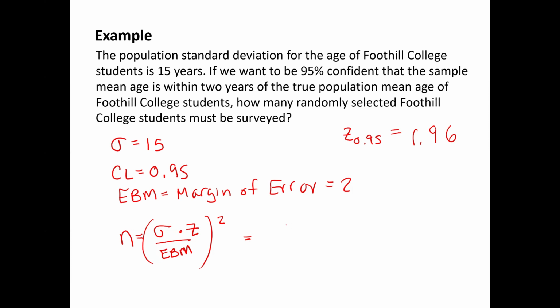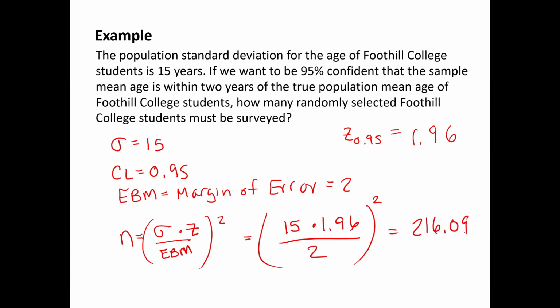So what was my standard deviation? 15. The Z is 1.96 divided by the error bound. I want it to be within 2. I square that. And I get 216.09.